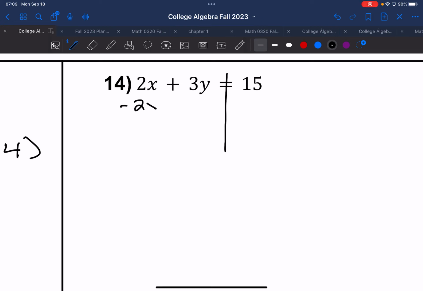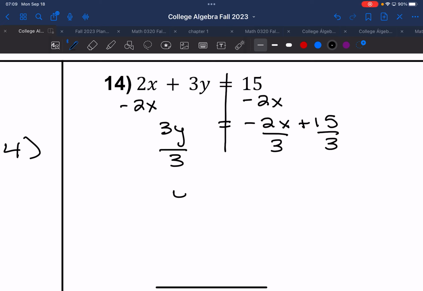Subtract 2x. Am I going to combine that with that 15? No, why not? They're not like terms. And then what would be our last step to get y by itself? Divide every term by 3. So we have y is equal to negative 2/3 x plus 5.